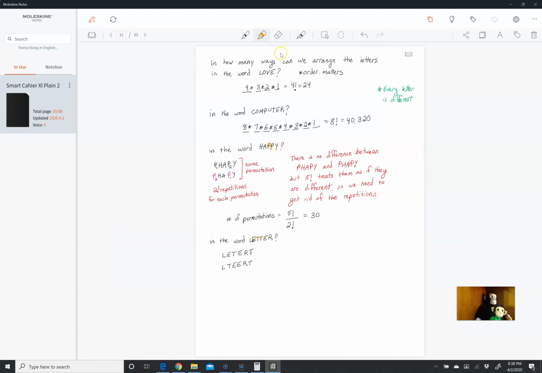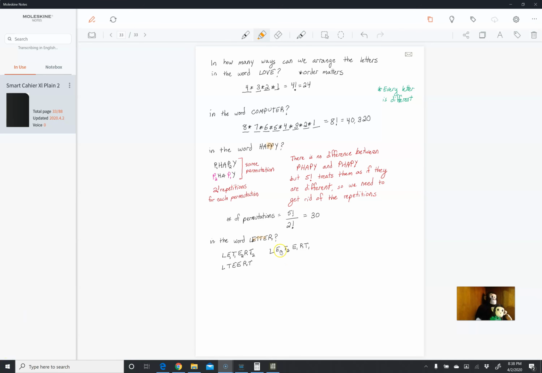But if we added 1s and 2s to these, they are the same. Right? These are the same, but these are different. So let's talk about what that means.